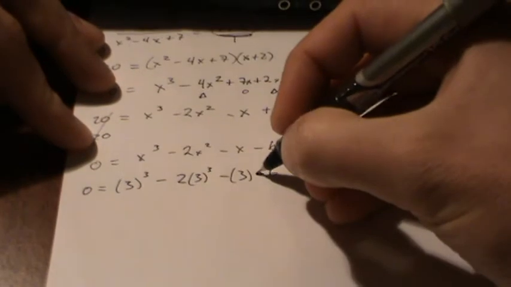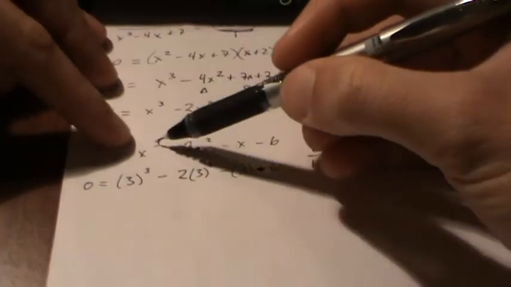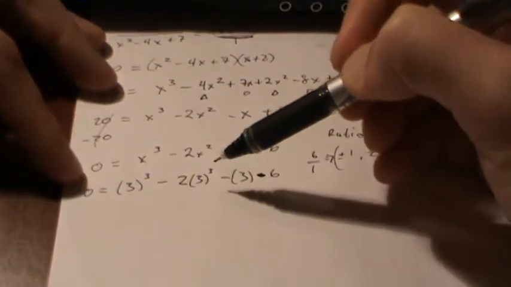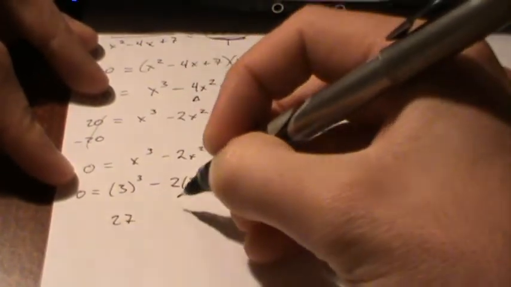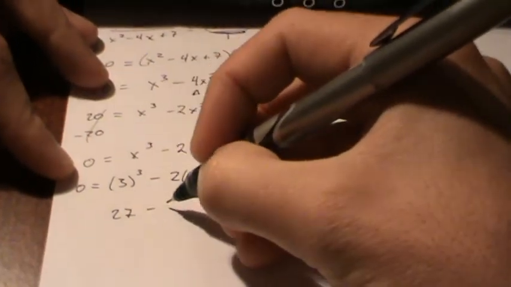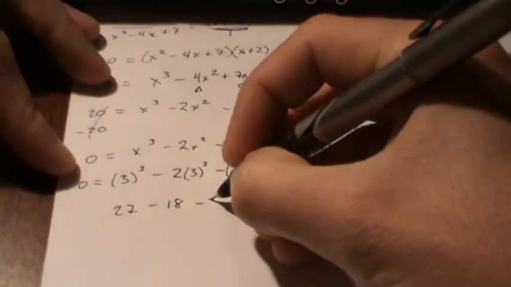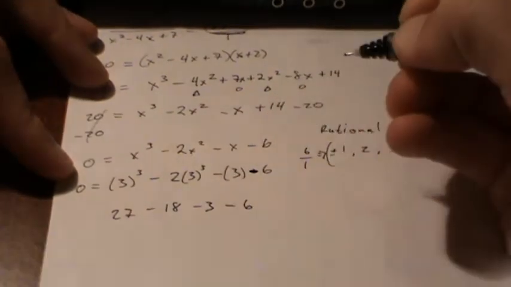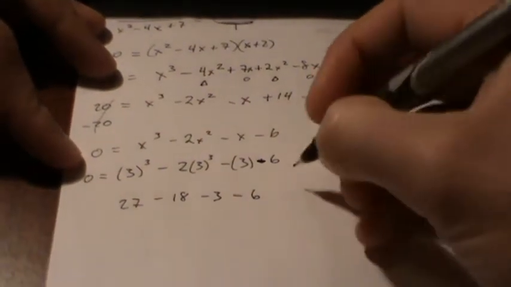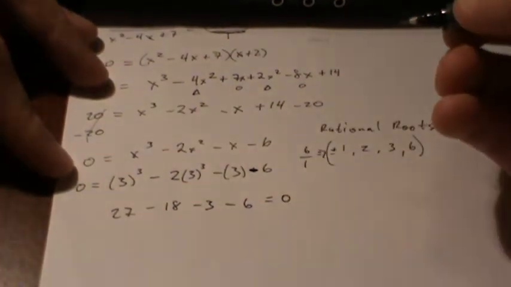Let me check to make sure I wrote that down correctly. Alright, so 27, 9 minus 2 minus 18, minus 3 minus 6. Hey, this actually is 0.